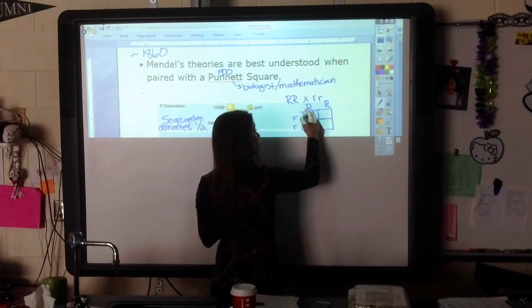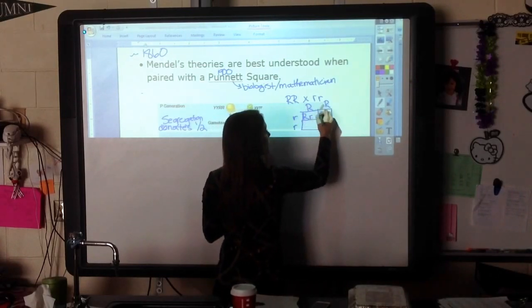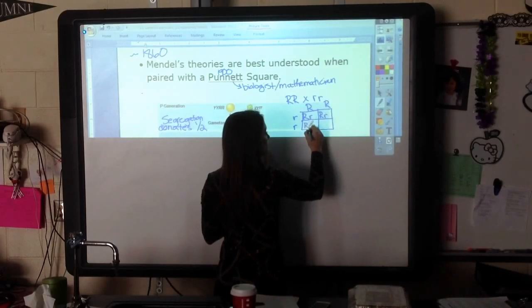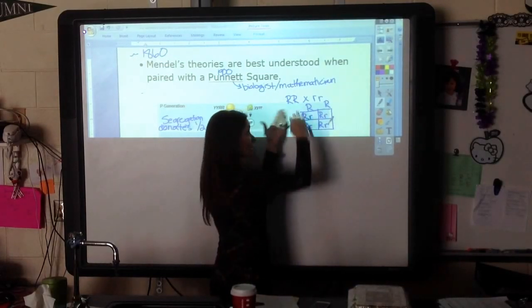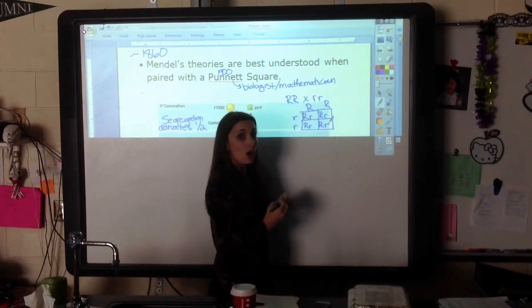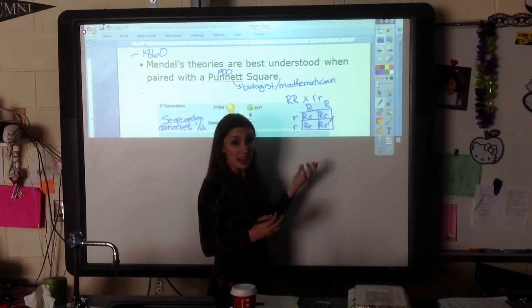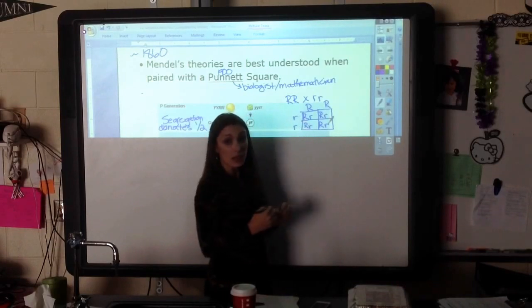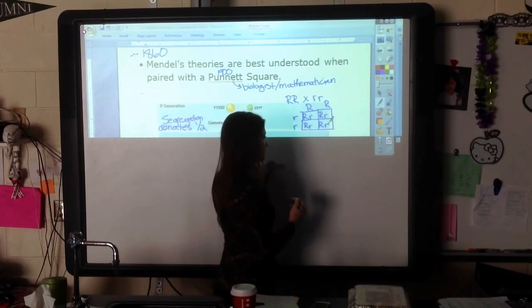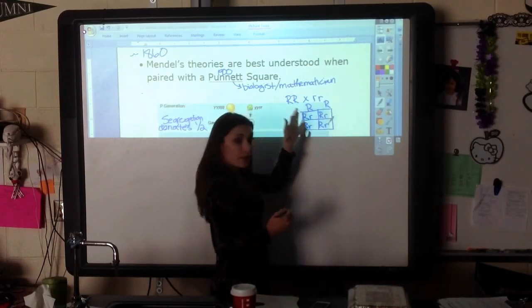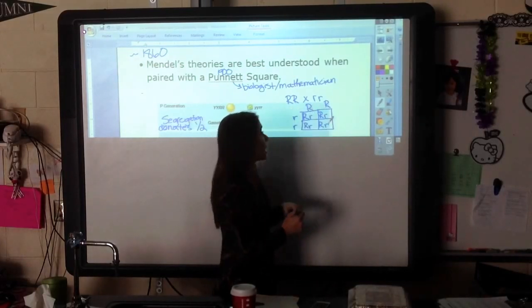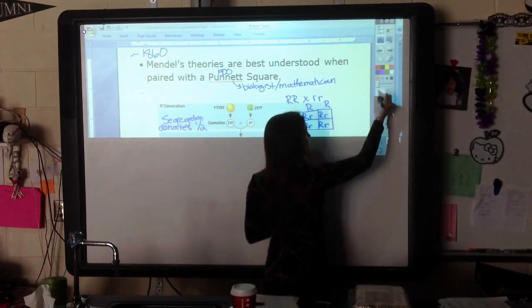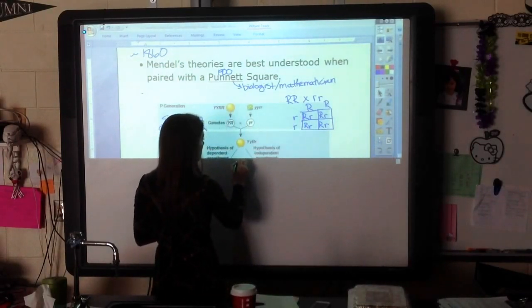Now fertilization comes into play, and this is where we see the possibilities of the new offspring. It turns out for this cross and this mating, all of the offspring would be exactly the same. All of them would be heterozygotes. But the interesting thing is, they have a recessive gene and a dominant gene. And so this is where Mendel's principle of dominance comes into play.